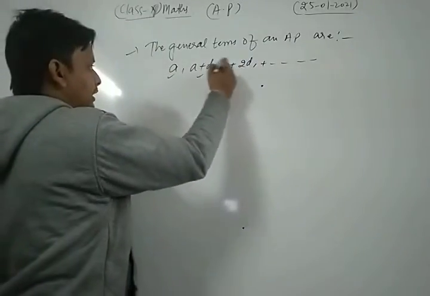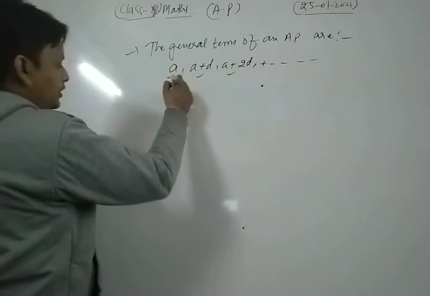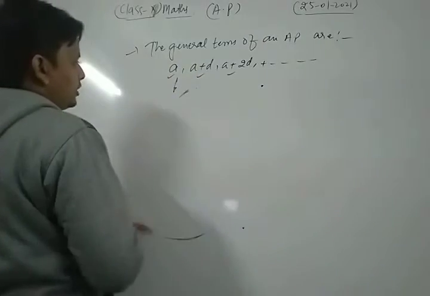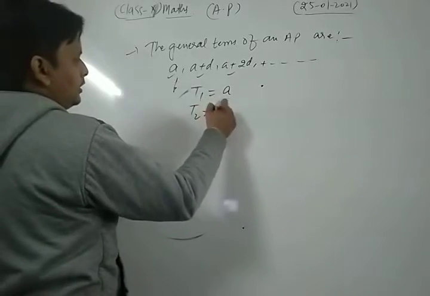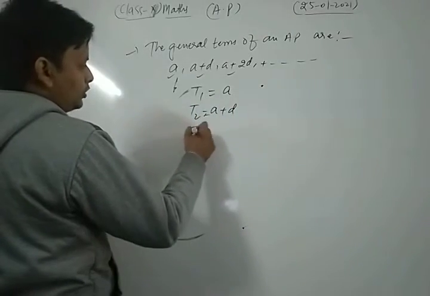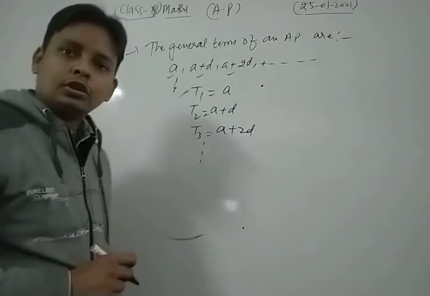This is the first term, this is the second, this is the third, and so on. So the first term T1 is A, the second term is A plus D, and the third term is A plus 2D, and so on.